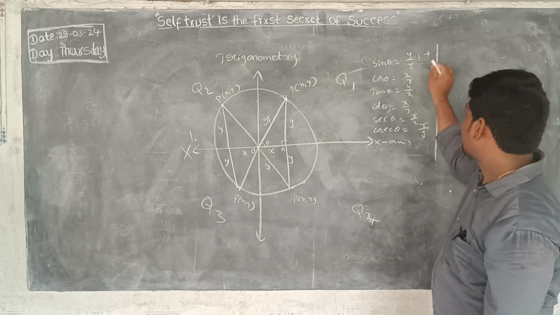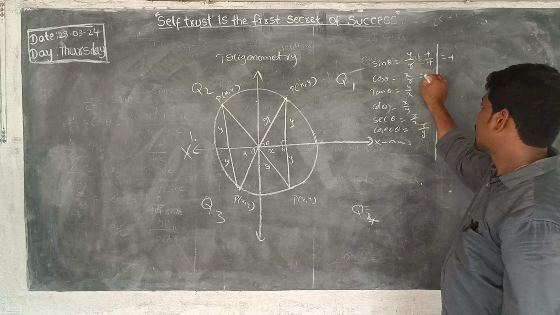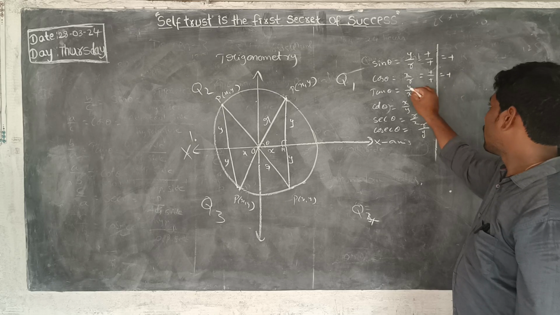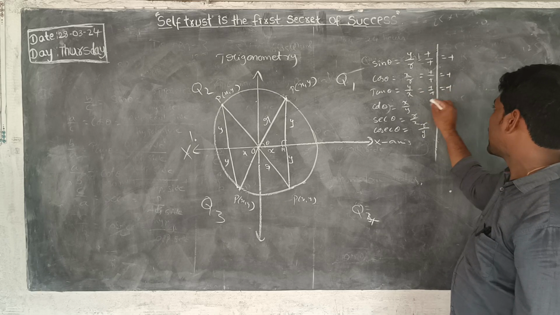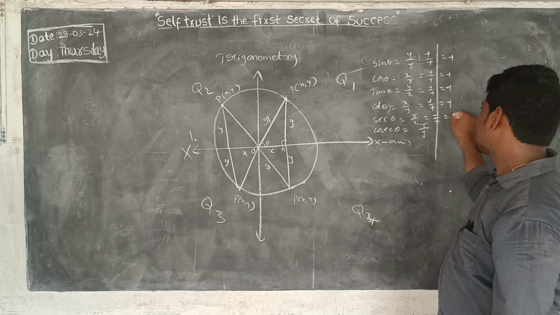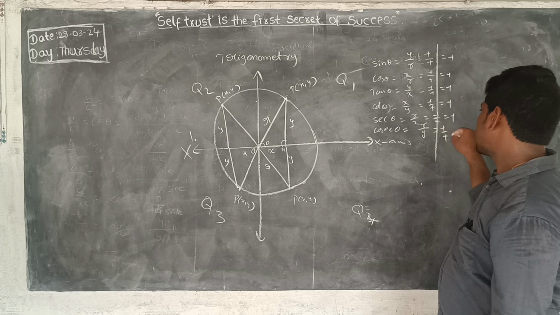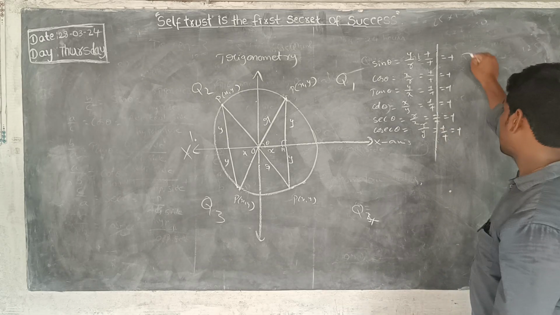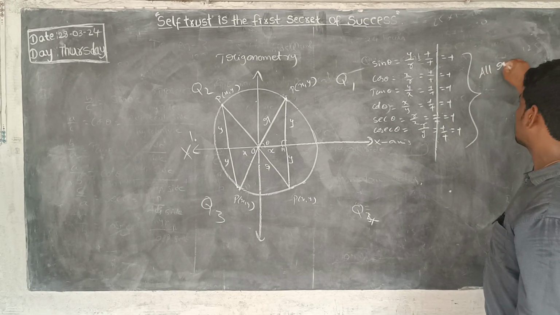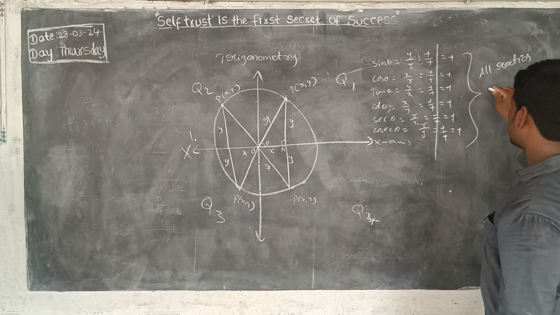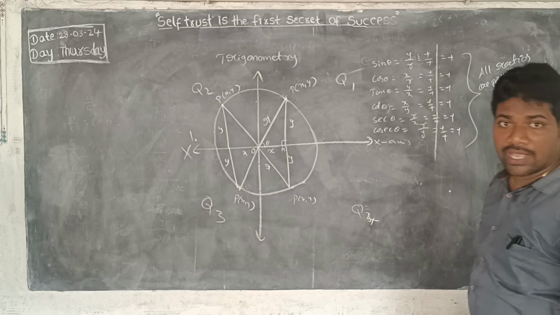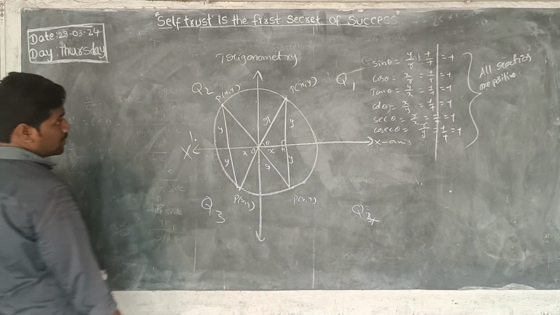So that only R is positive. Plus by plus is equal to plus. Y by X, plus by plus is equal to plus. If we see in quadrant 1, all trigonometric ratios are positive in first quadrant.